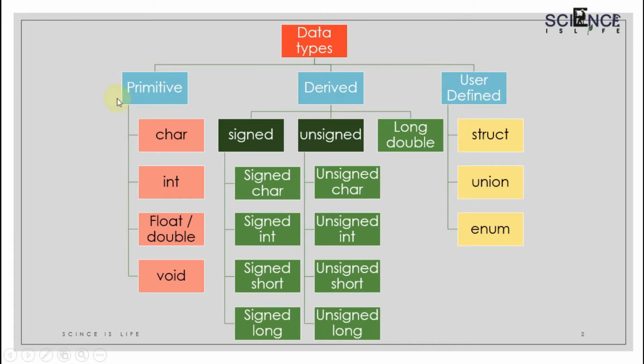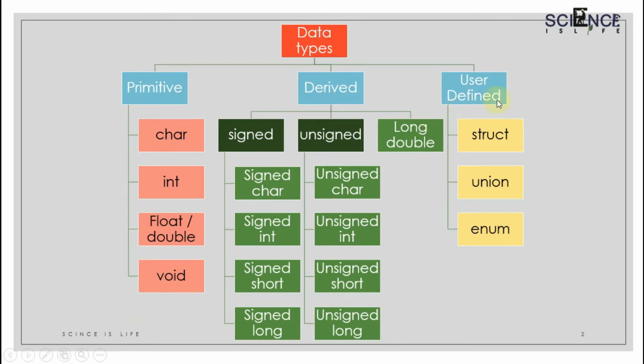The primitive data types are char, int, float, double, and void. These are very basic data types that we can use in C, right? And there are derived data types as well. We can derive these data types using the primitive data types, that means the basic data types, right?